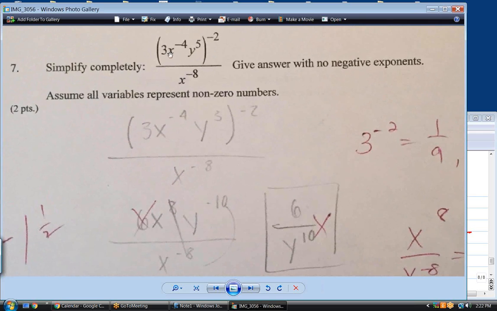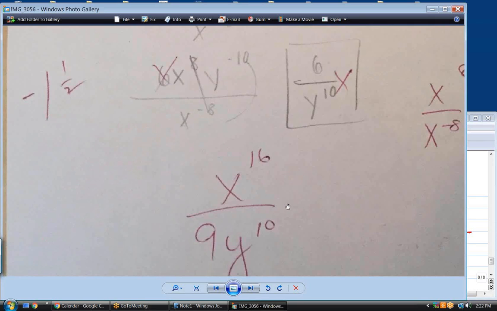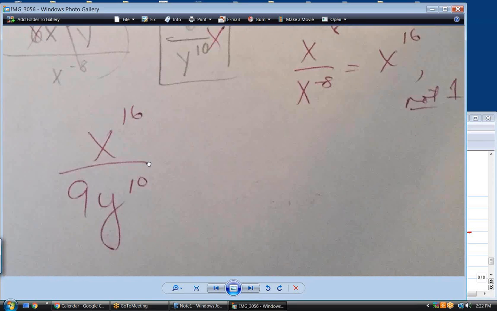This is just a one step at a time process. In other words, no matter how complicated this is, no matter how many variables they give you, you can always just take the exponent and apply it to each thing inside the parentheses. Right. It's all you have to do there. Okay. Yeah.